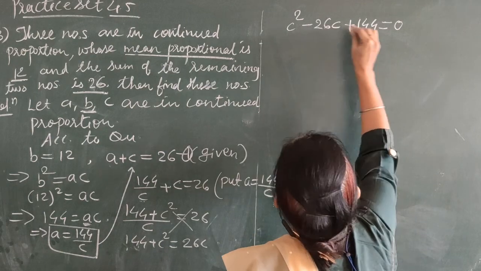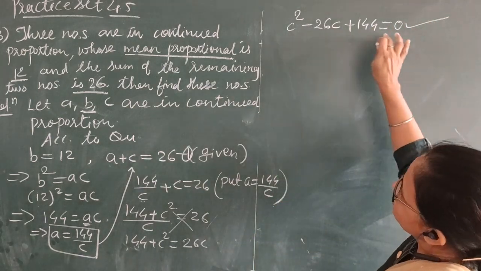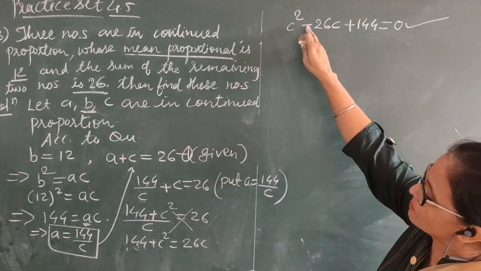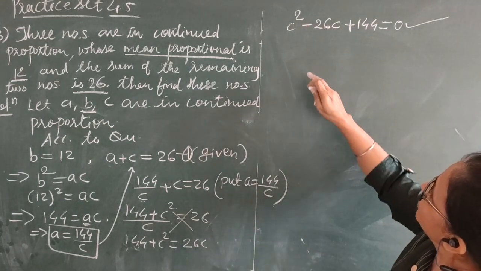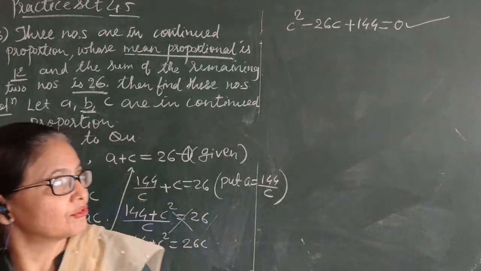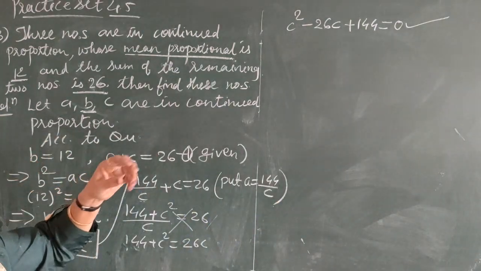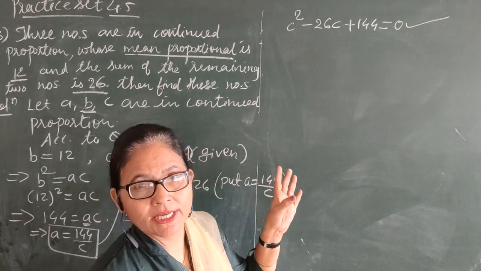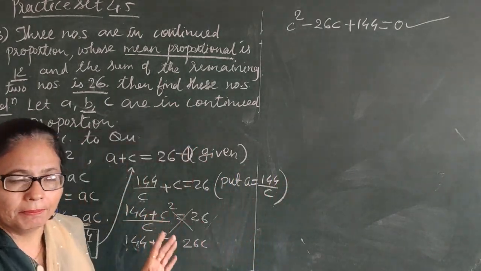So you can see, children, this is a quadratic equation as the highest power is 2. Now you have to find the value of C from here, and as it's a quadratic equation, you have to factorize it by splitting the middle term.